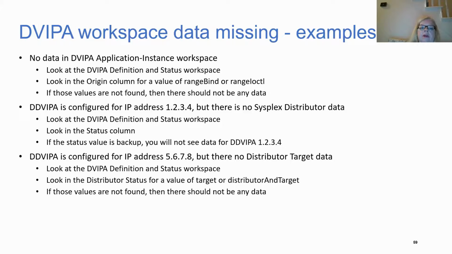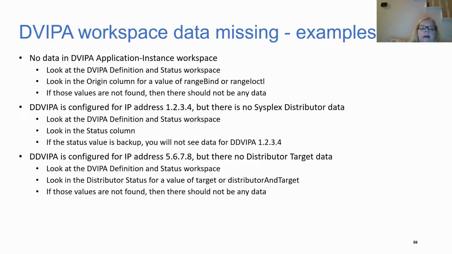In that case, you look in the status column, and if that status value is backup, you're not going to see distributed Devipa 1.2.3.4 because it's not active. Now, if that backup becomes active, you will see that active, and the Devipa that it was the backup for, you will not see when we update the information.